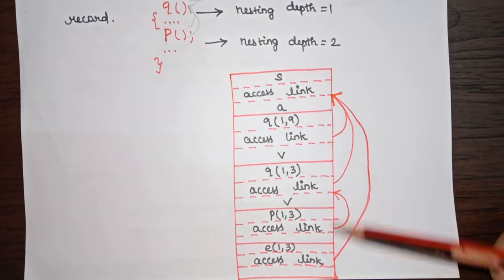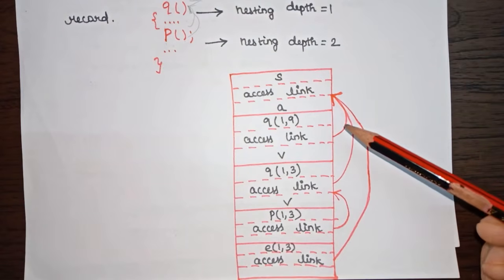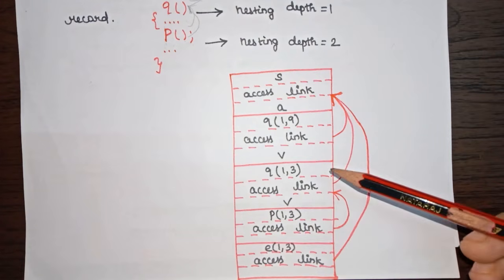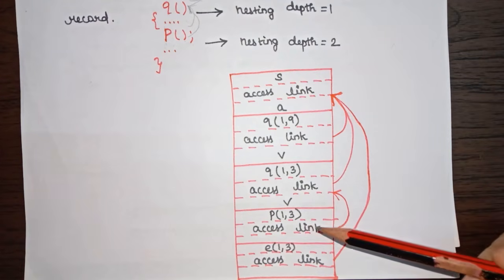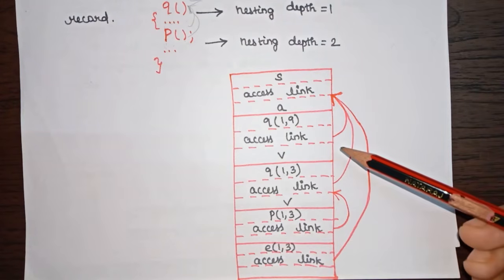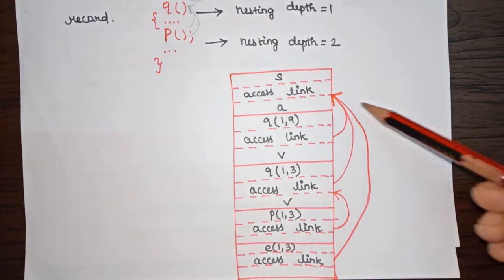So here is the example showing the access link, and if you see here, this forms a chain of access links from the activation record at the top of the stack to a sequence of activations.